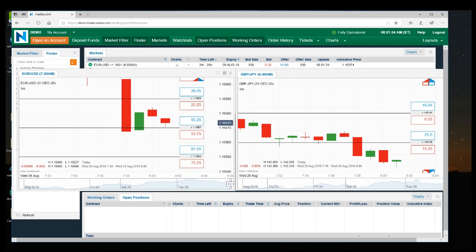And again, I don't trade these all day long. I traded them for about 2 hours this morning. And then I went live with my demo, so. And again, you'll see the prices are the same if you open your live account with the demo account.